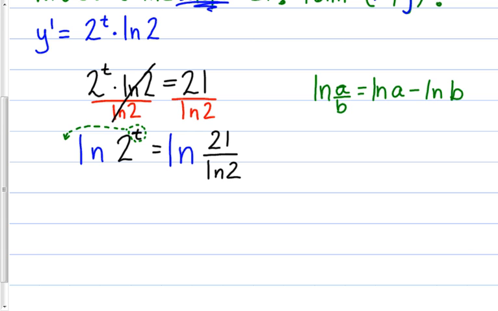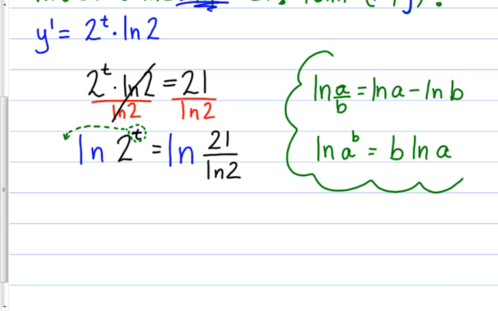And what I just wrote about the exponent, the natural log of a to the b, could be rewritten as b times the natural log of a. These are just reminders of stuff you should kind of already know, somewhere in the back of your brains.